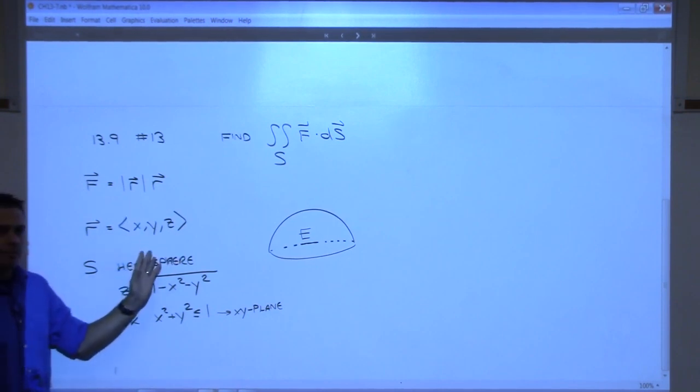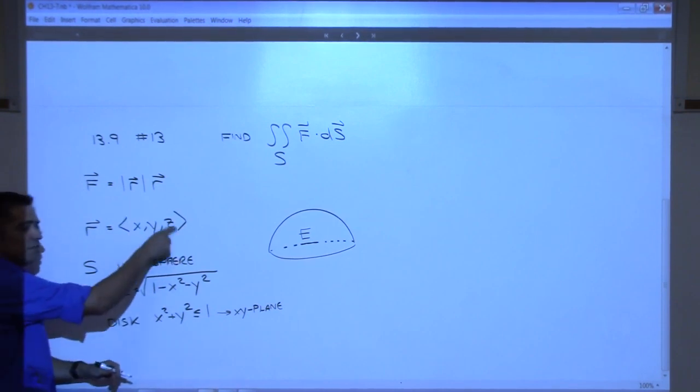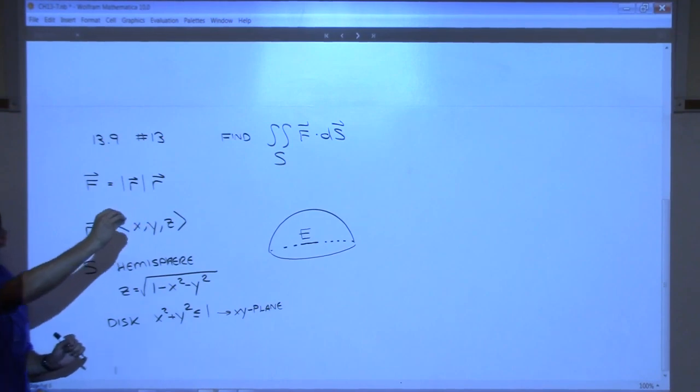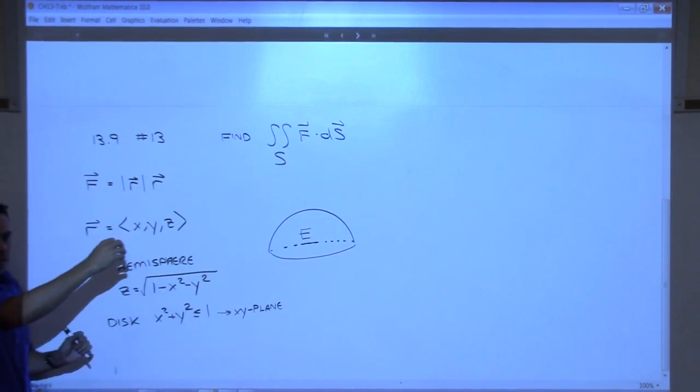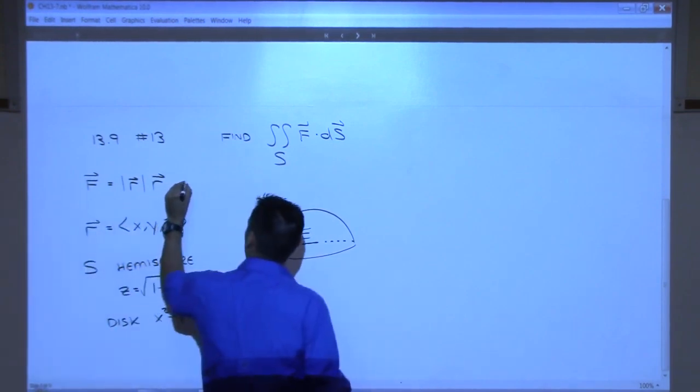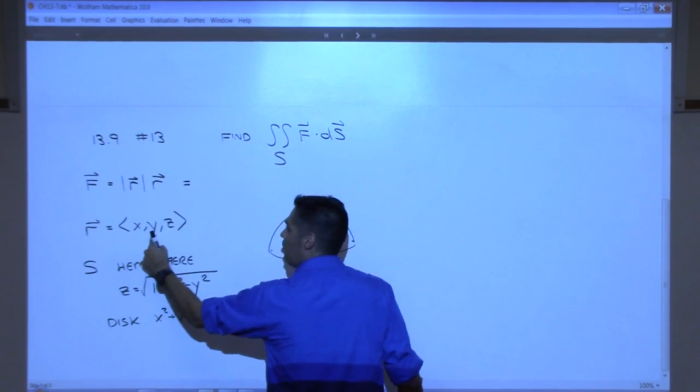That's what F is. So it's like a position vector, right? x, y, z is where you are, times how far away you are from the origin. So you're scaling it by how far away you are. That's the field. So I'm going to rewrite this in terms of x, y, and z.